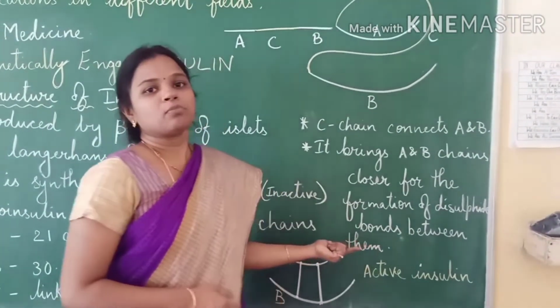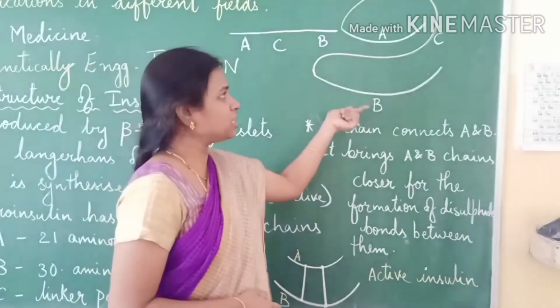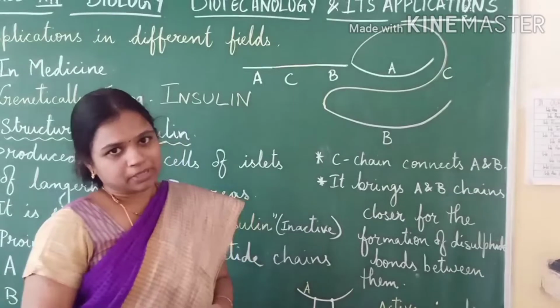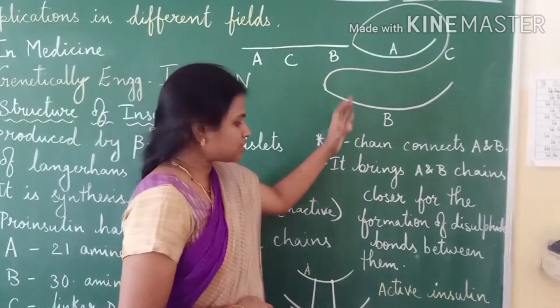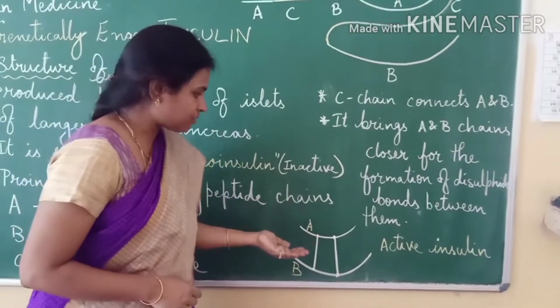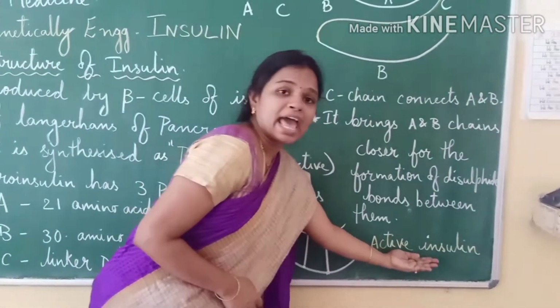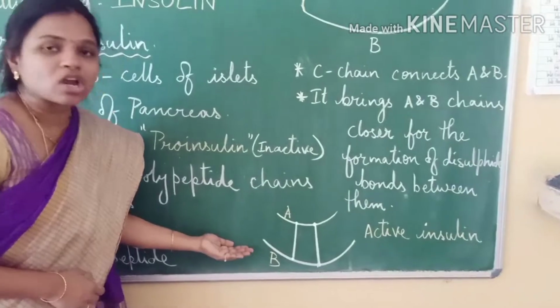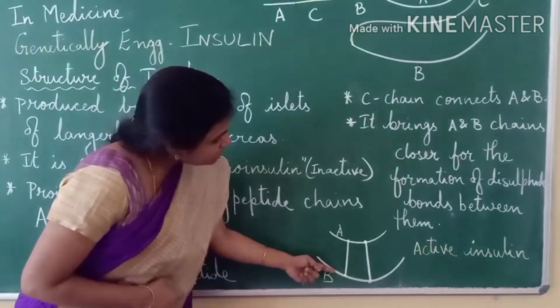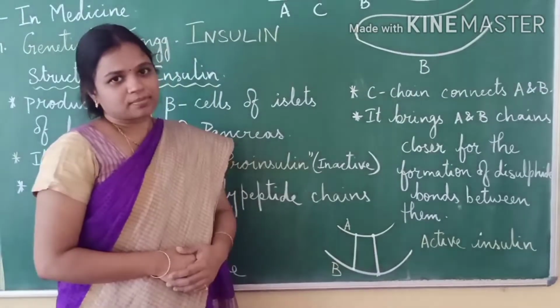Once these disulfide bonds are formed between A and B chain, there is no requirement of the C polypeptide chain, so it disappears, and the substance we have is now called the active insulin. So this is the structure of the active insulin with its disulfide bonds together.